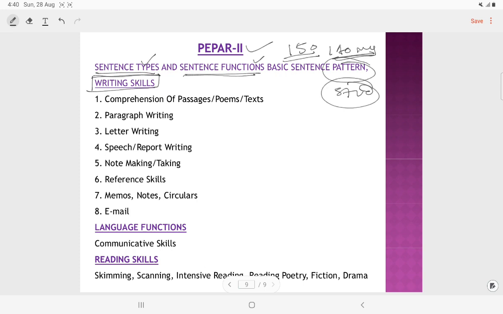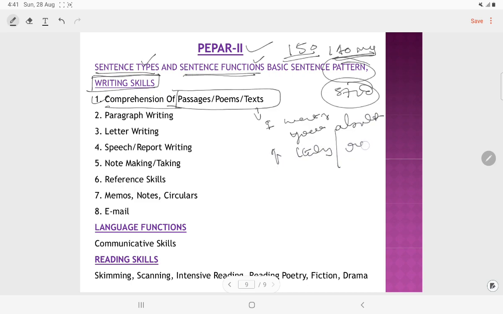Okay, coming to the first point, comprehension of passages, poems and text. Definitely it wants to test your ability of thinking, or in other words reasoning, towards a particular passage, poem or text.